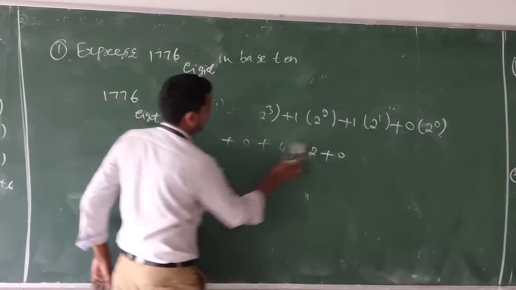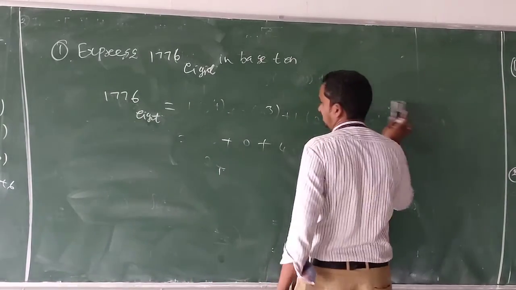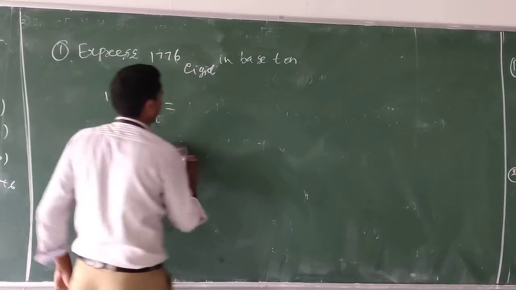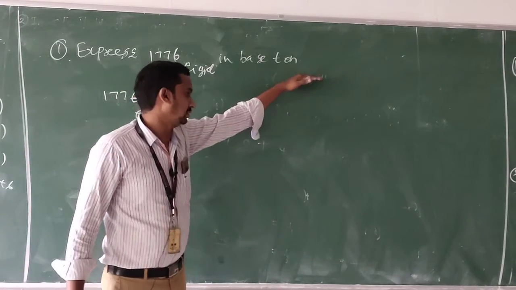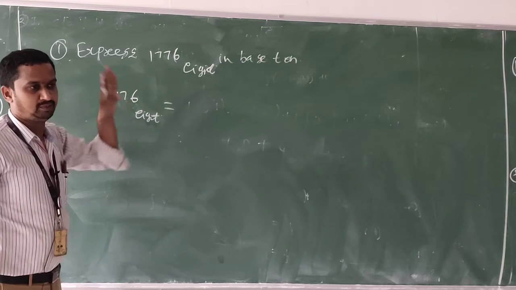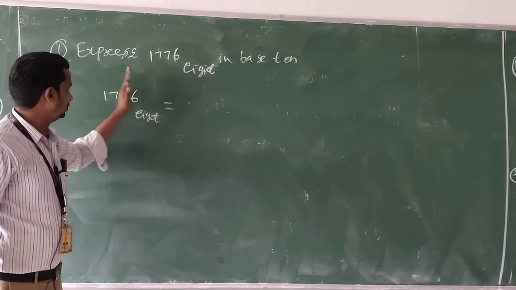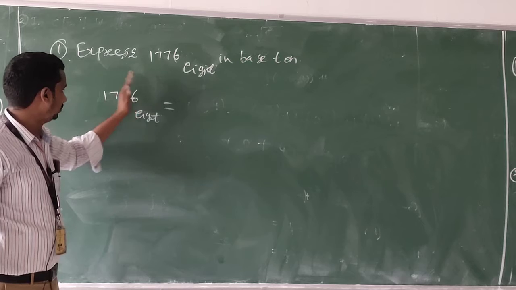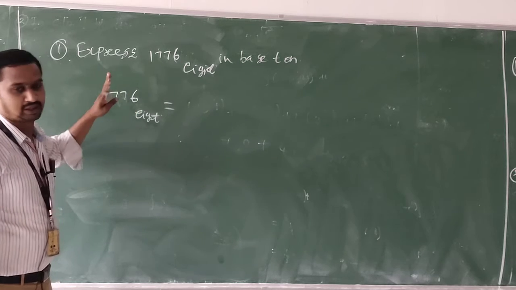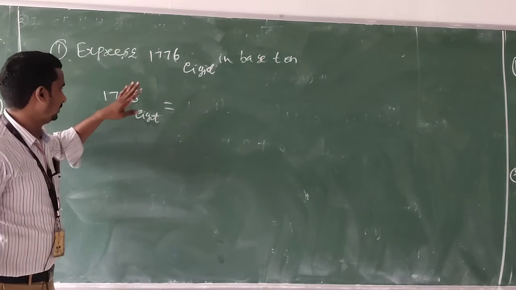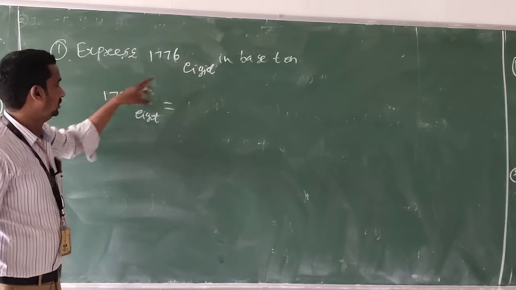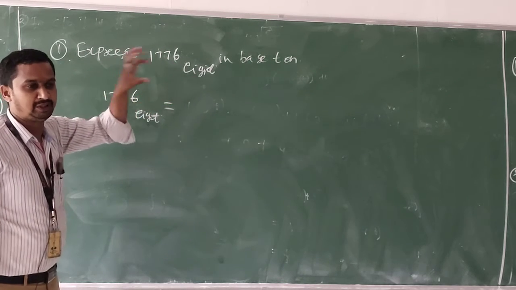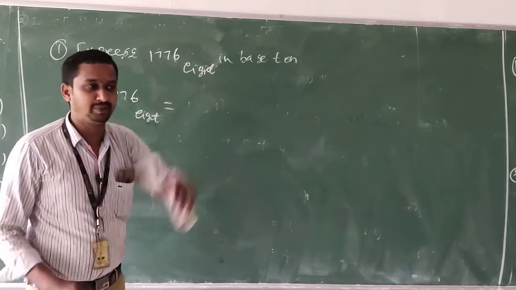As usual, converting from base 8 to base 10. Here the number has 4 digits, so the powers will be 0, 1, 2, 3. Now the base is 8, so multiply each element by the corresponding base value.